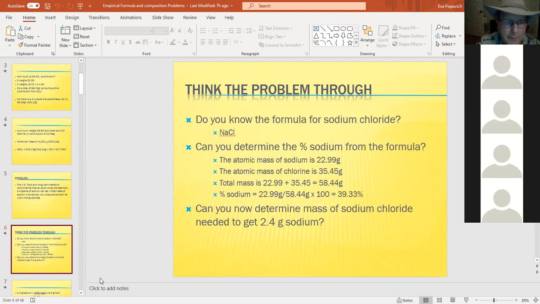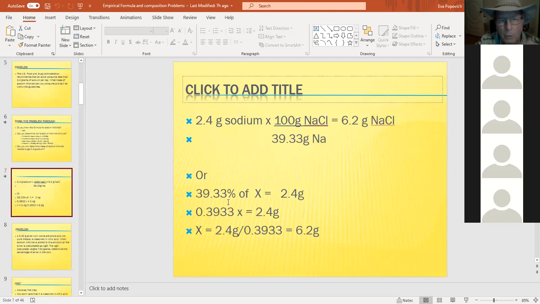Basically, what I'm doing is taking my percentage of sodium within sodium chloride and multiplying that by the weight of the sodium chloride that I don't know yet. But what I do know is once I take that percentage, the answer I come up with is 2.4. So I have 0.3933x is equal to 2.4. I divide the 2.4 by the 0.3933.